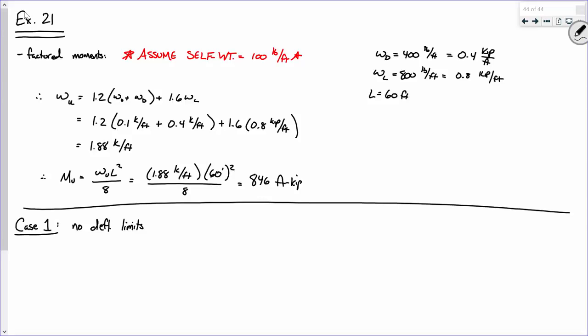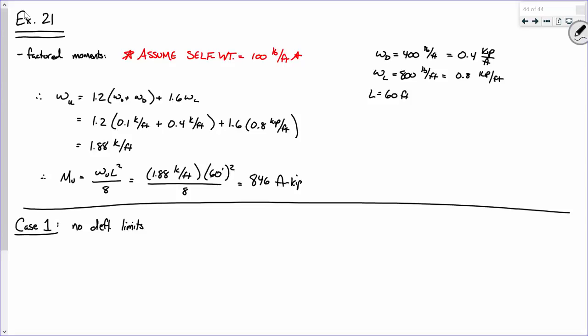We know that it's 50 ksi, so here's how this is going to work. I want you to go to the Zx tables. I want you to find the lightest shape that has a capacity of at least 846 or more.